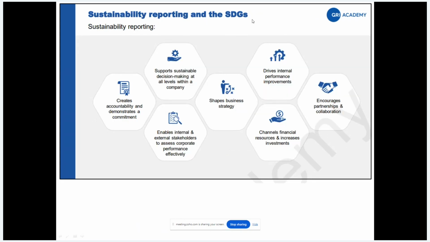Now, sustainability reporting and the SDGs. Sustainability reporting creates accountability and demonstrates a commitment. So if you are committed to report sustainability, then accountability and commitment have to be there. It supports sustainable decision making at all levels within a company. All levels means for purchases also, for your procurement also, and for selection of your suppliers, your business relations also.